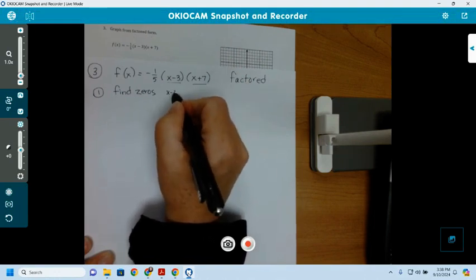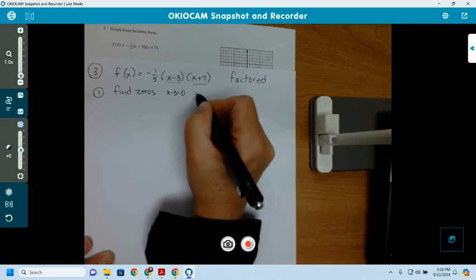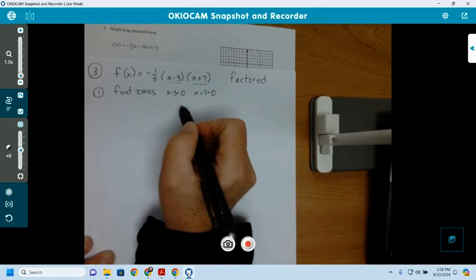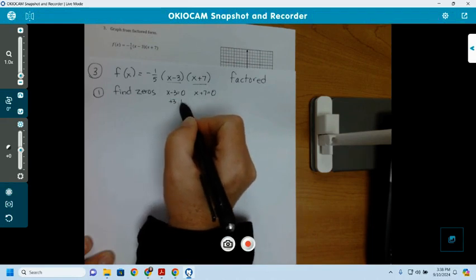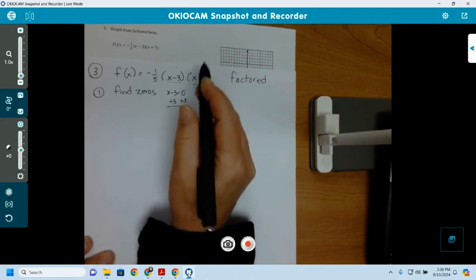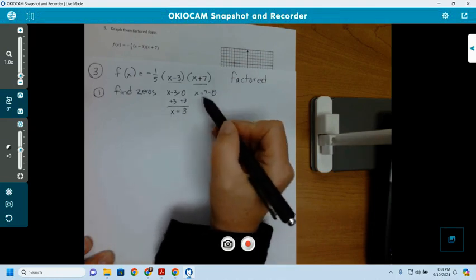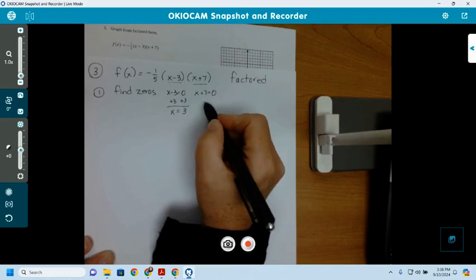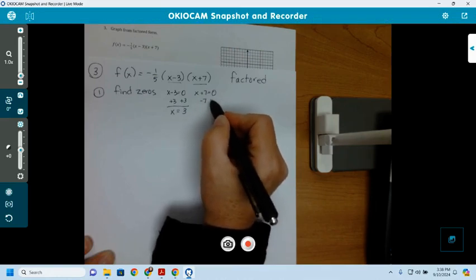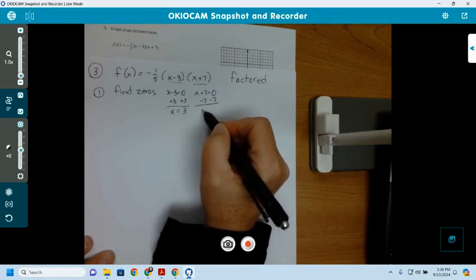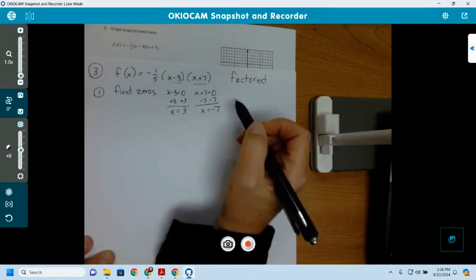So x minus 3 equals 0. X plus 7 equals 0. I do the opposite. Plus 3 means x equals 3. And on this side, I do the opposite. Minus 7, x equals minus 7.